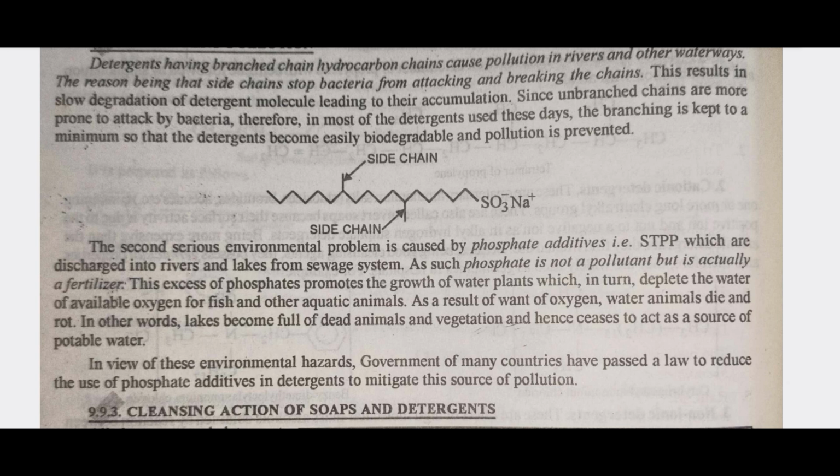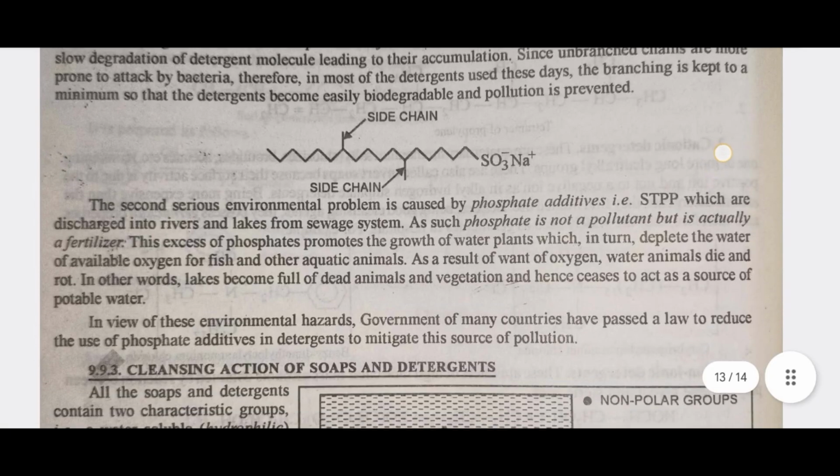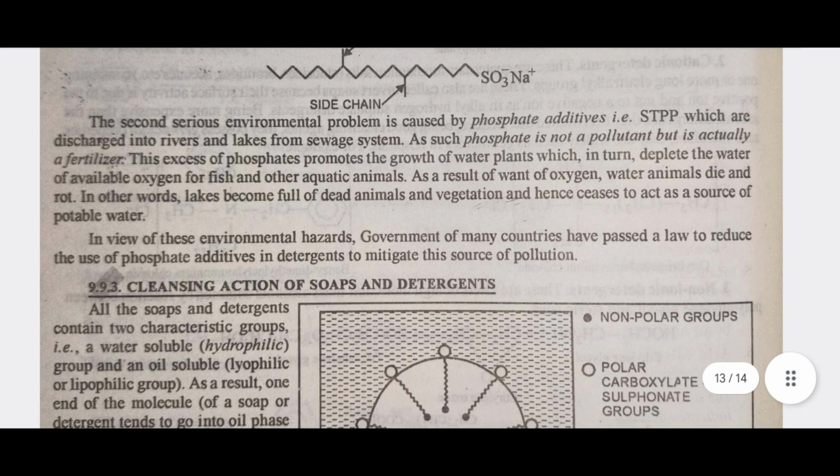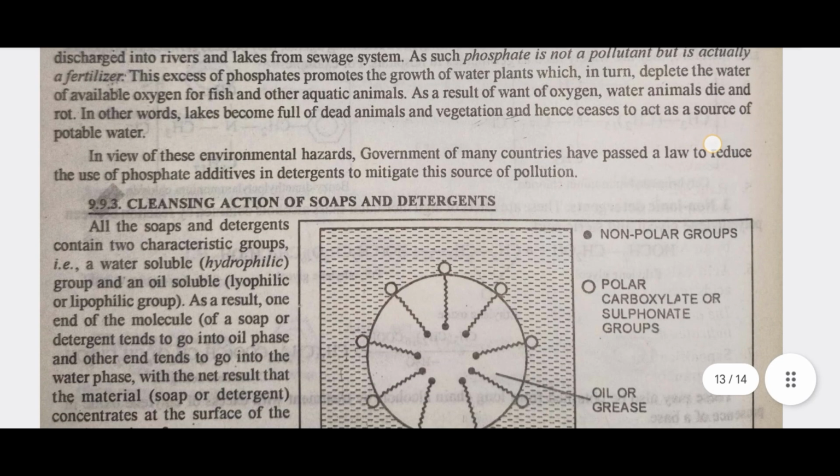As a result of want of oxygen, water animals die and rot. In other words, lakes become full of dead animals and vegetation, and hence cease to act as a source of potable water. In view of these environmental hazards, the governments of many countries have passed laws to reduce the use of phosphate additives in detergents to mitigate this source of pollution.